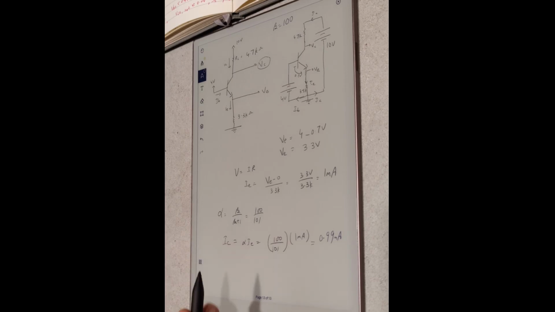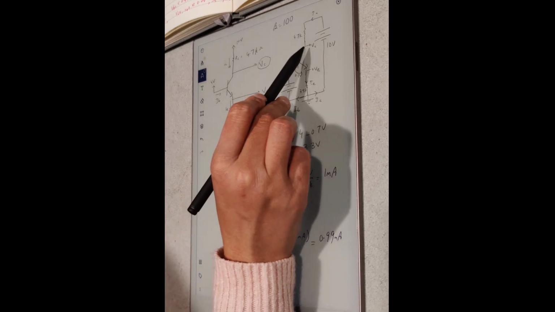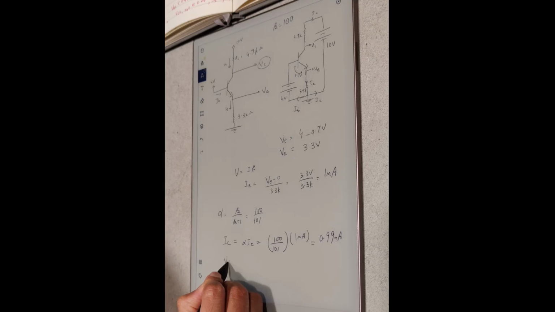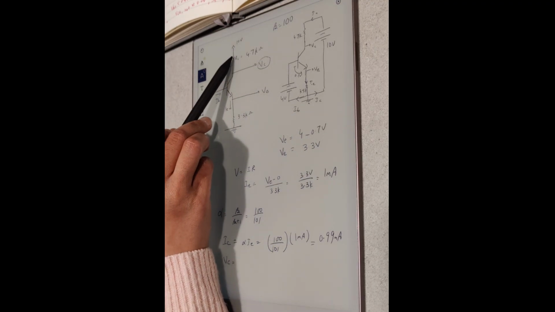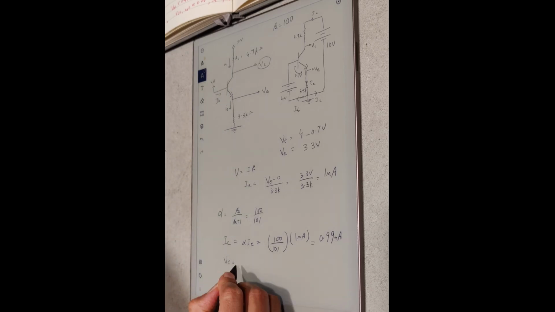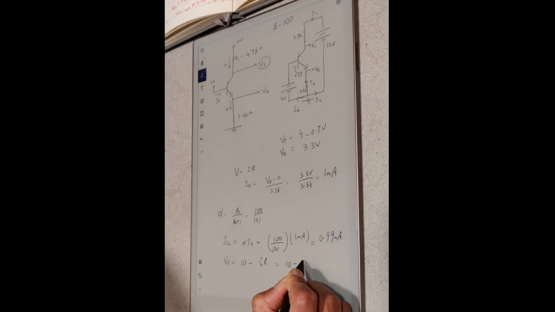I think the rest of the things are easy. VC is going to be 10 minus the voltage drop here. So 10 minus IC times R, which is 10 minus 0.99 milliamps times the 4.7 kilo ohm resistor. If we do this calculation, we should get 5.3 volts.